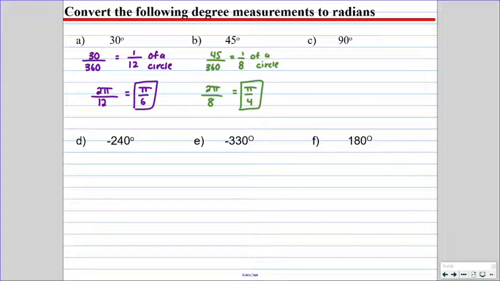If I'm looking at negative 240 degrees, well, let's think about it in terms of what we know. Negative 240 is equal to negative 8 times 30 degrees. Now, something really nice. Right above this, we already figured out what 30 degrees was in radians. We found 30 degrees was pi over 6. So I can just take negative 8 and multiply it by pi over 6 radians, and then simplify.